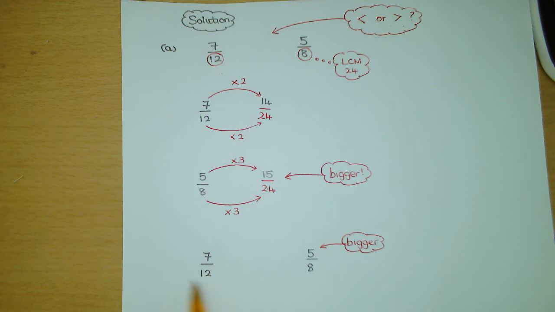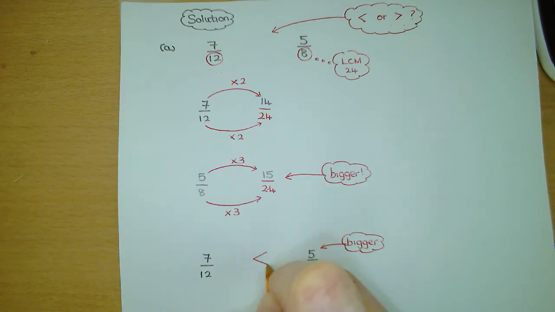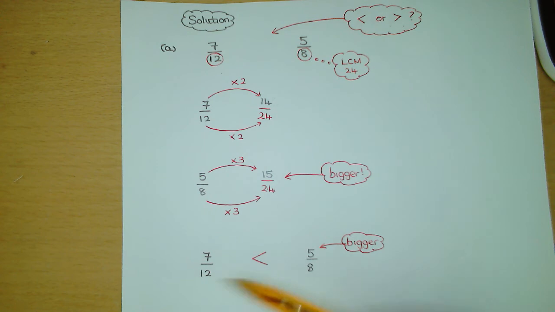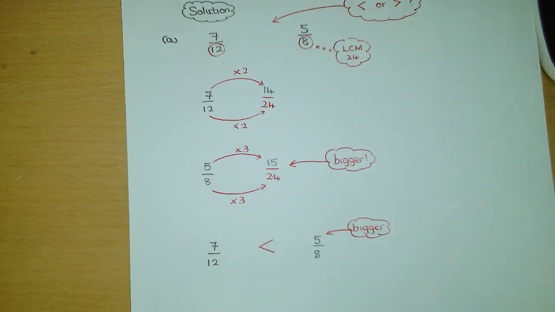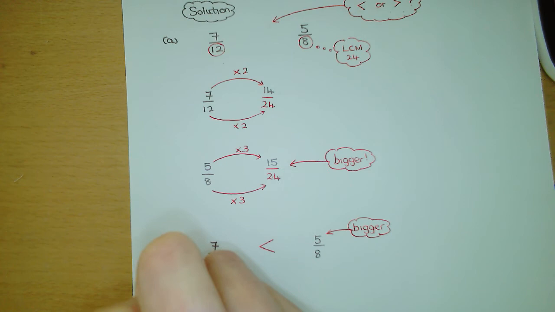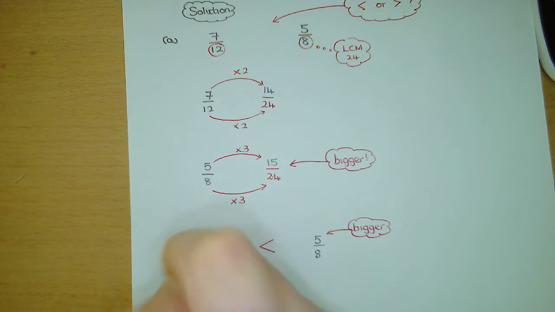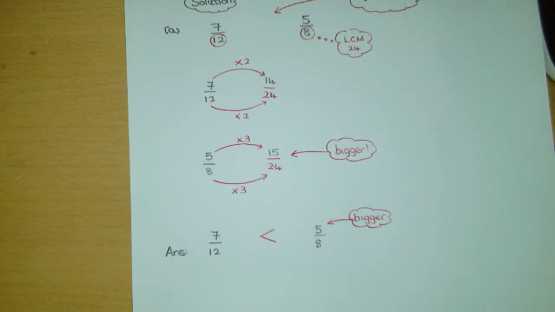The smaller fraction is 7/12. So the sign we put in looks like that. It's pointing towards the smaller one. And that is our final answer for part A.